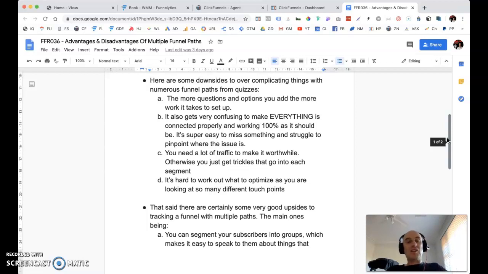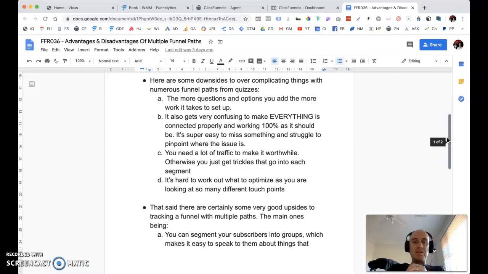And it's actually nowhere near as easy as it seems. So that's why it's important to take into account that, particularly when you've got a large quiz, the longer the quiz, the longer it's going to take and the more complicated it is to set up. It also gets very confusing to make sure everything is connected properly and working 100% as it should be.